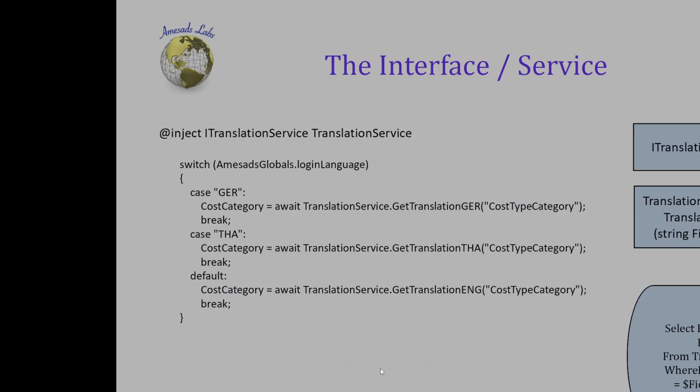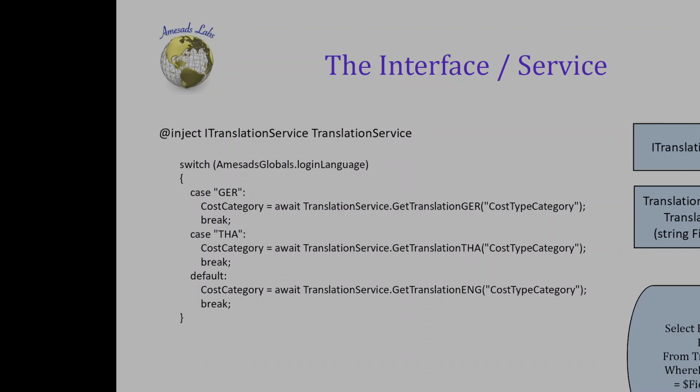How does it work in the program? I have to say we are working here with Blazor Server, and we are creating our pages with objects from Syncfusion. So the first part is we inject the interface and give it a name.